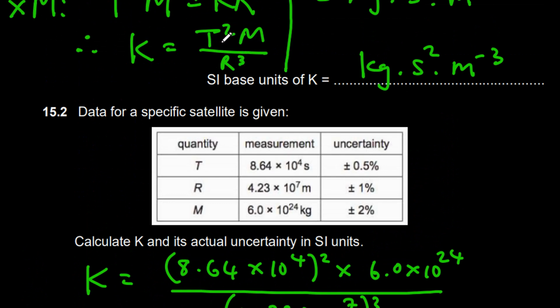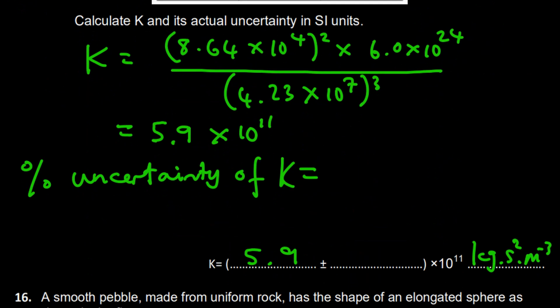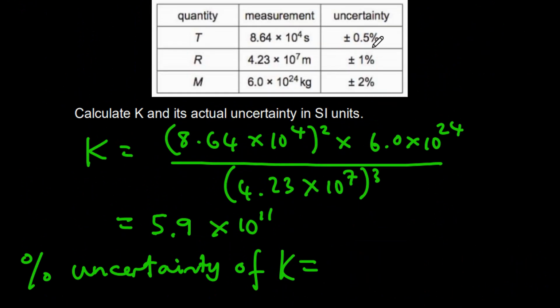And we know that the rule says when we multiply or divide, we add the percentage uncertainties. Then if we raise to a power, like the t squared and the r cubed, we multiply the percentage uncertainty with the power. So we have t squared, and of course, the percentage uncertainty for t is 0.5. Since t is squared, we multiply 0.5 by 2.